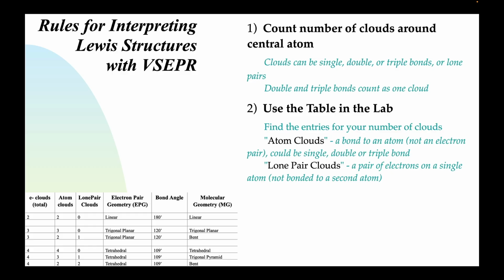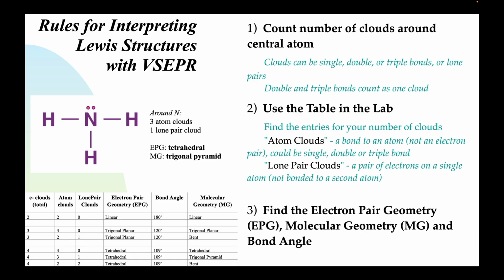From this information, you can get the electron pair geometry, EPG, which is going to be super helpful to us in a little bit. You can also find the molecular geometry, MG, which is what the molecule, quote unquote, looks like if the lone pairs are invisible, and this can be helpful to chemists too. In addition, you'll be able to find the bond angles within the molecule, which can be really, really helpful.